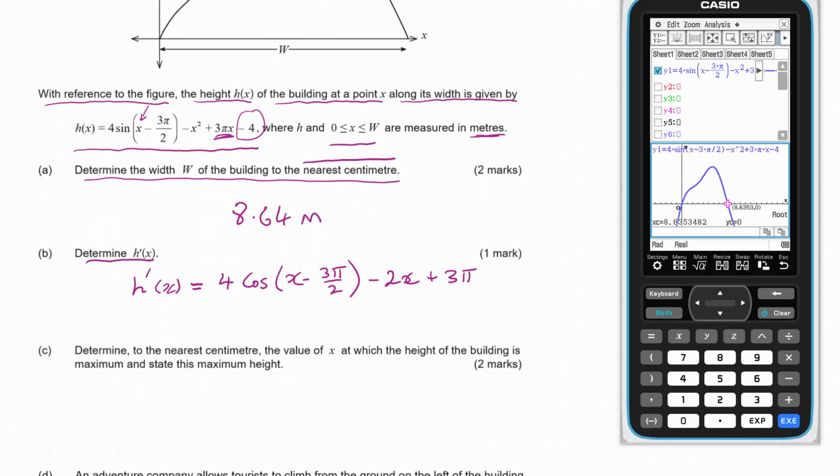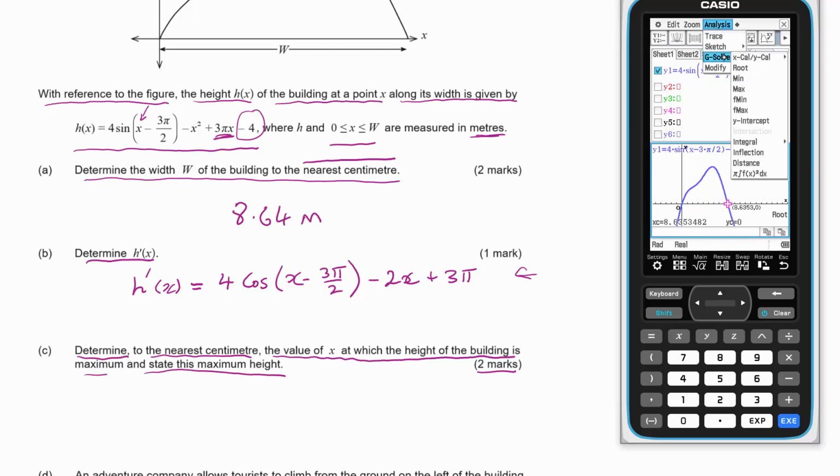Part C, it says determine to the nearest centimetre the value of x at which the height of the building is maximum and state the maximum height. Well, it's just 2 marks. There's no reason that we have to use anything we've done before. We can go back to the graph. And I'm going to go analysis G-solve and max, and there it is.